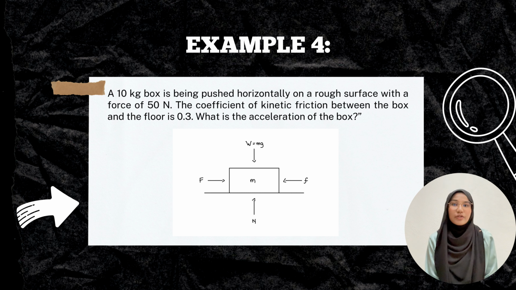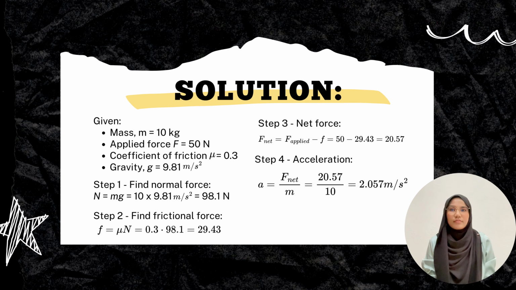What is the acceleration of the box? First, let us begin by drawing the free body diagram. The box experiences four forces. Gravity pulls it down, the floor pushes up with a normal force, a pushing force moves it to the right, and friction acts to the left.